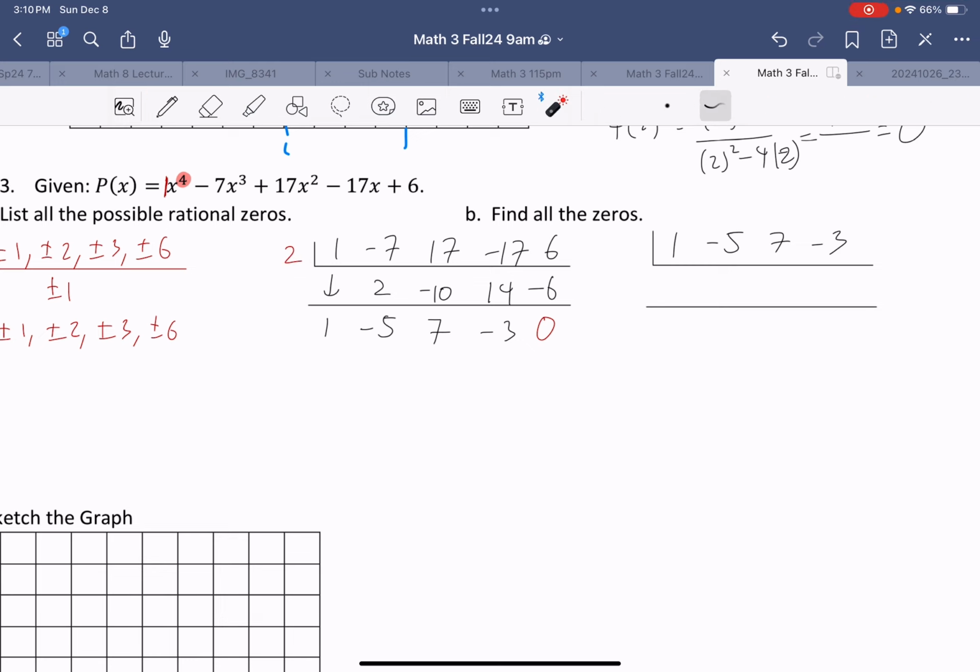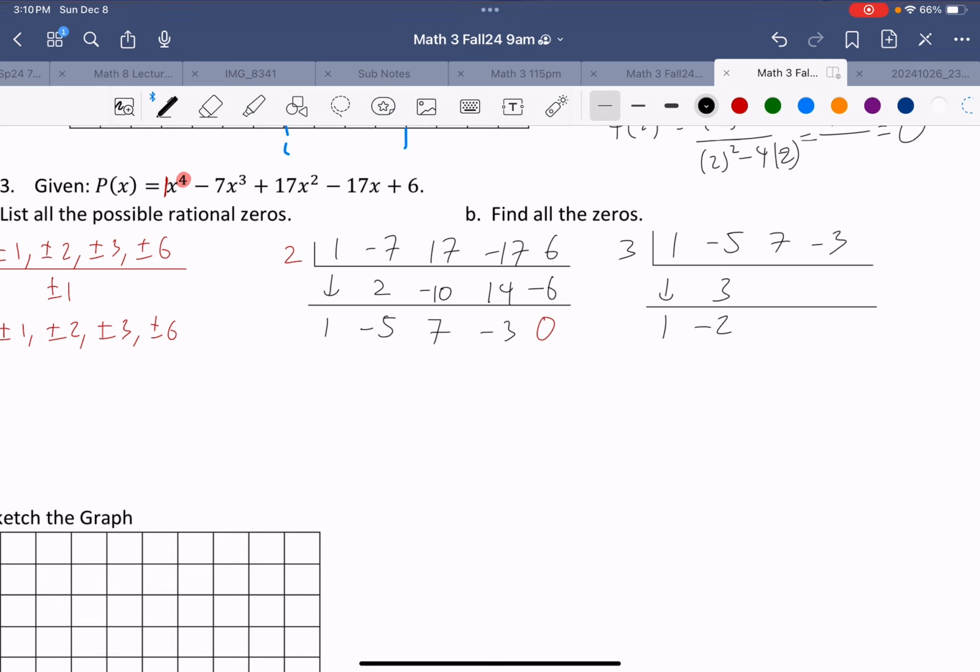So I wouldn't cancel it as a future potential 0. You can try 2 again. And if it didn't work that one time, that's when you would have to do this process again, and you can cancel out that 2 forever if it didn't work. So we bring our first number down, we multiply back to our potential 0.